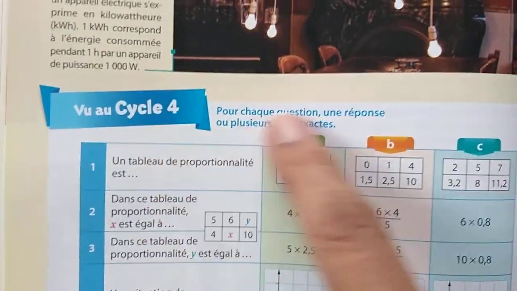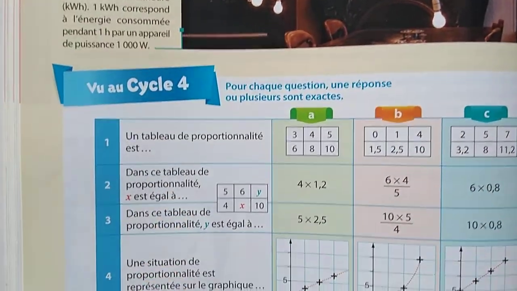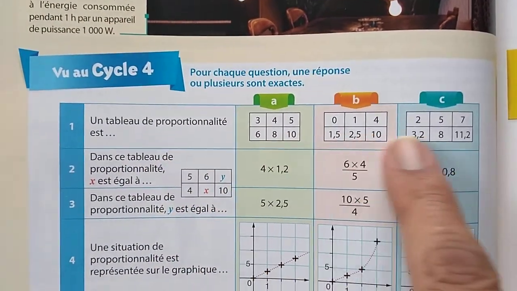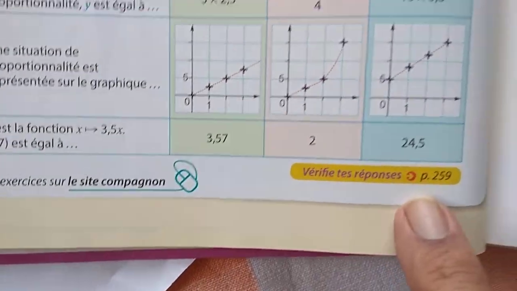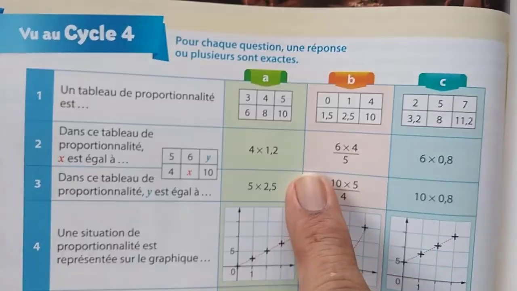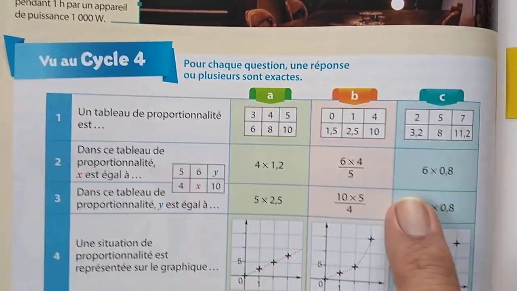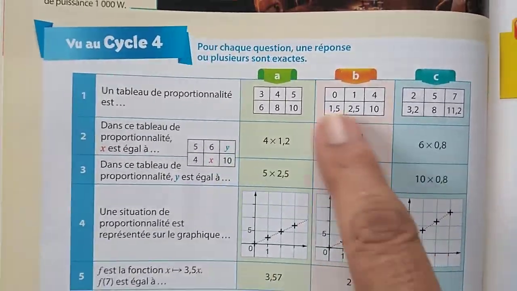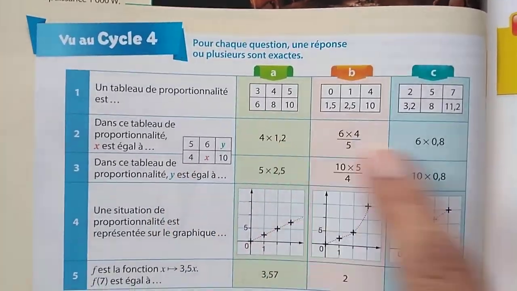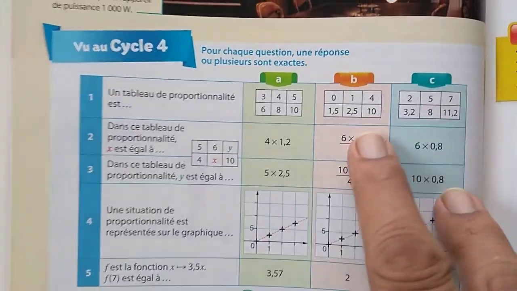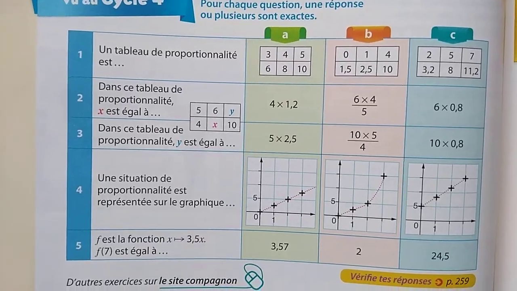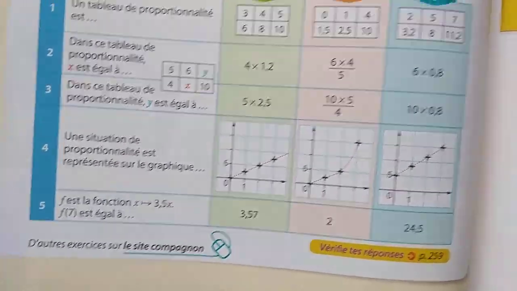You can do these problems here all verbally, and you can check the answers on page 259. You do not have to submit this to me, you have to do it only for yourself, and I trust you will do it. Don't skip it, because these are very simple problems, they will take you maybe 2-3 minutes each, but it'll help in your comprehension.